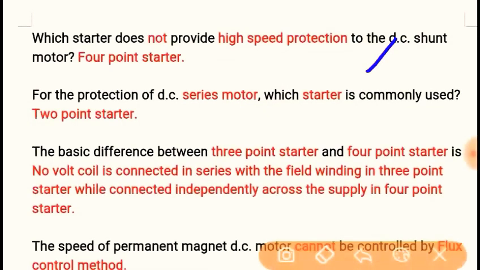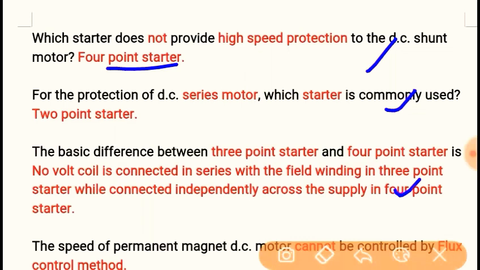Which starter does not provide high speed protection to the DC shunt motor? It's the 3-point starter, not the 4-point starter. For the protection of a DC series motor, which starter is commonly used? The answer is the 2-point starter.